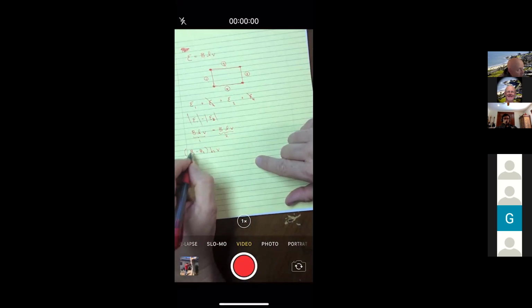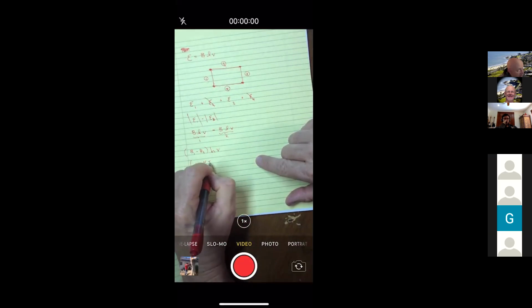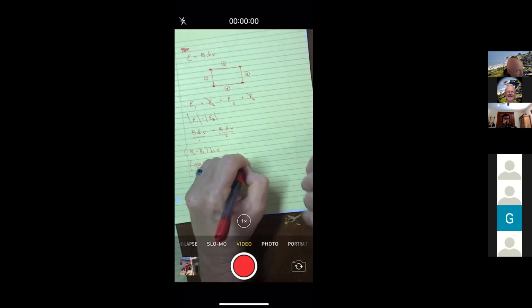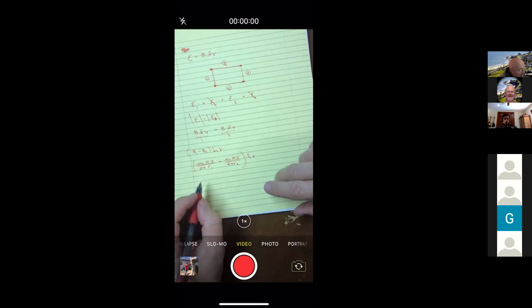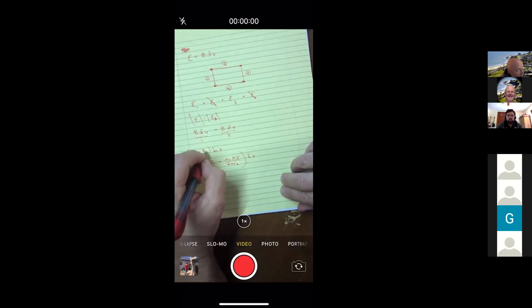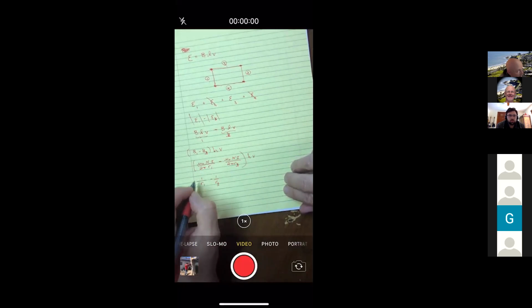And the field would be mu naught times n times I over 2 pi R1, minus mu naught n I over 2 pi R3, times hv. And if you look at the things that are the same and factor them out, you would have 1 over R1 minus 1 over R, I should call that a 3, it would look better, R3.